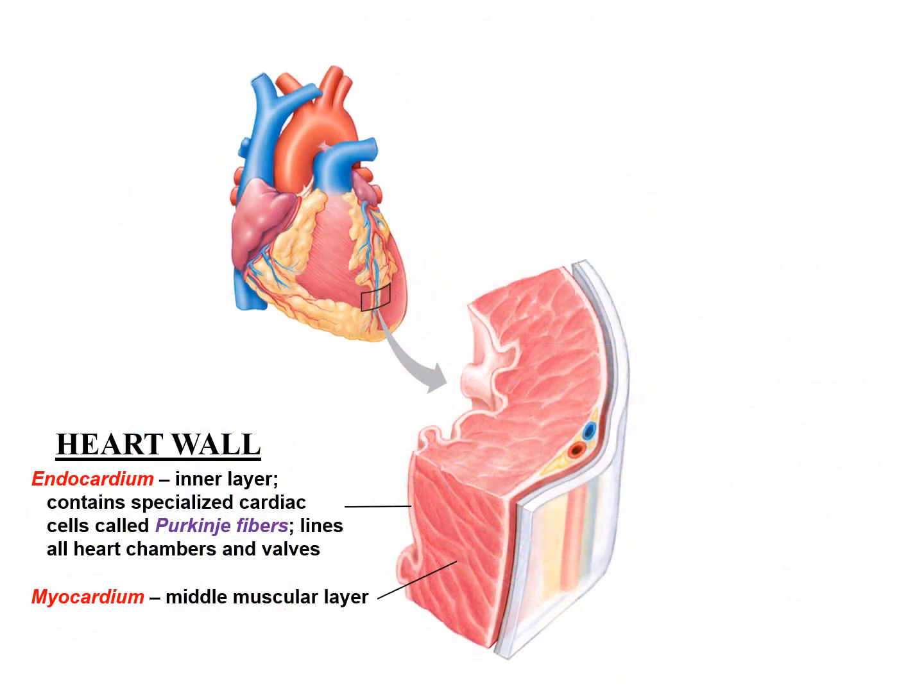Okay, another view of the heart. We've removed the outer fibrous sac, and at least in this view, we don't see it very well. Actually, this shows the myocardium. This is the muscular cardiac muscle part of one of the ventricles.